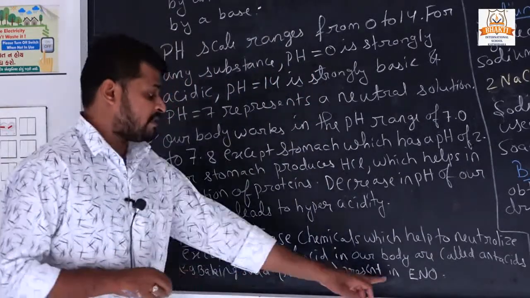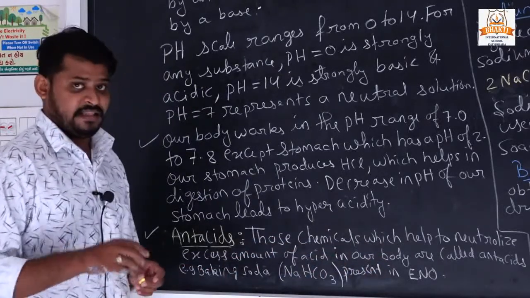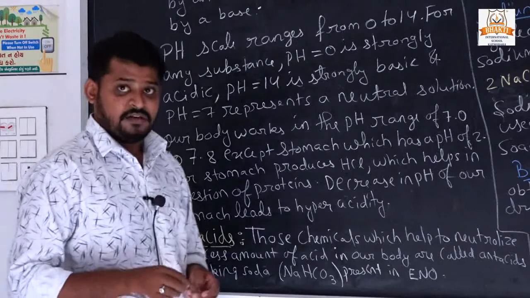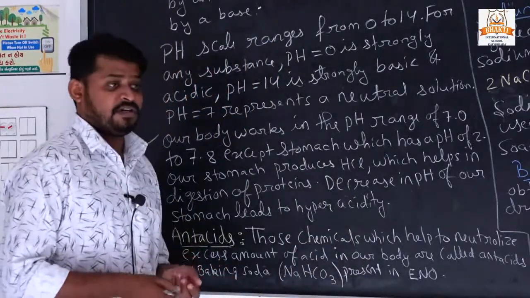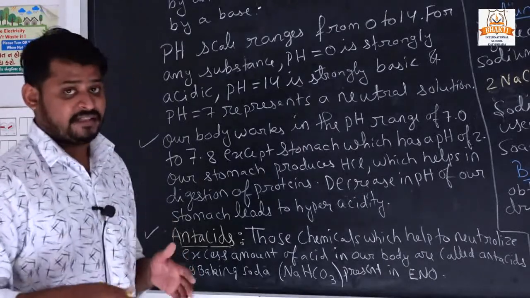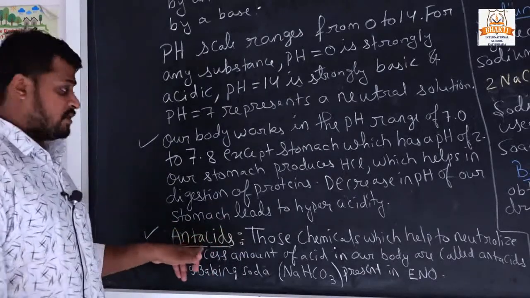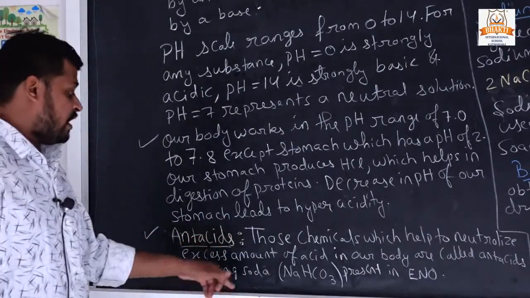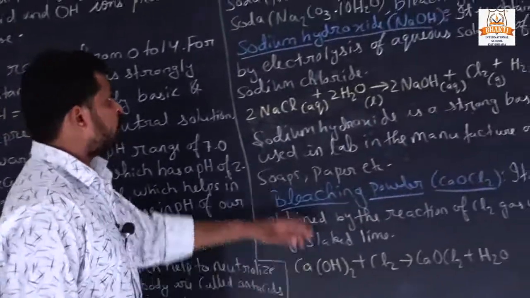Because ENO contains baking soda, and that baking soda neutralizes the acid produced in our stomach, and the acidity is over. This type of substance is called an antacid. Baking soda is an antacid that neutralizes the acid.